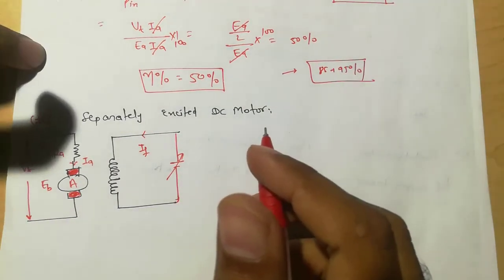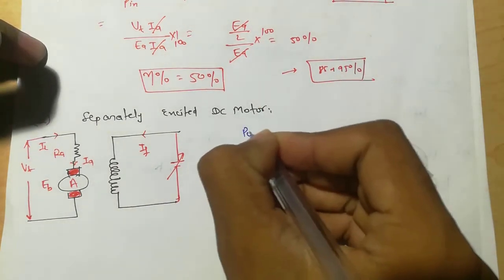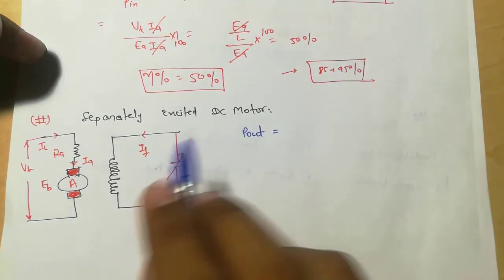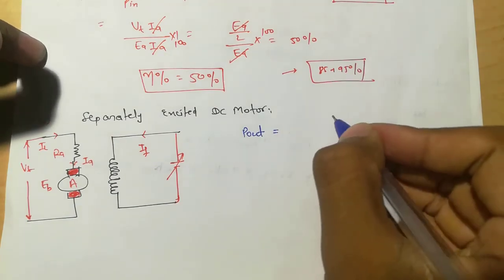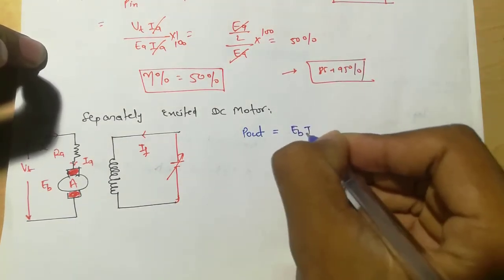Okay, now talking about the power output, P output. The equation of P output is EB IA.